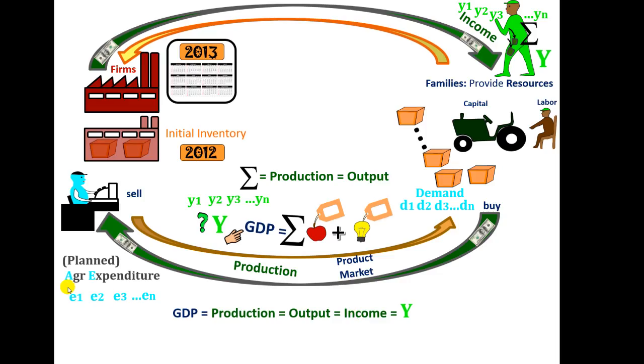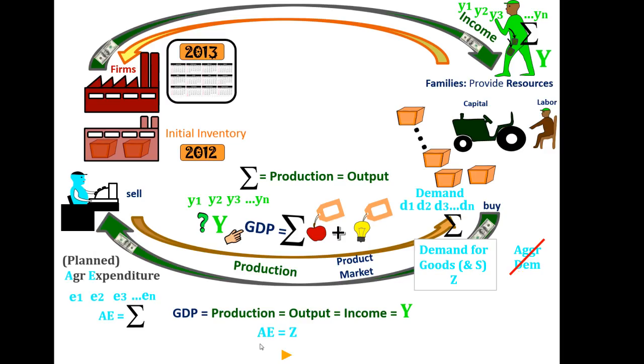Unplanned aggregate expenditure is the sum of this value that we are going to denote with AE. That in this example and in this model is exactly the same as the sum of this value that is called demand for goods and services, that we denote with the letter Z, which is not the same as aggregate demand, as we will see later.